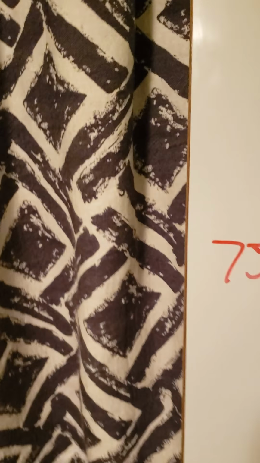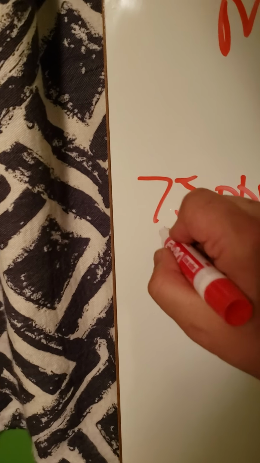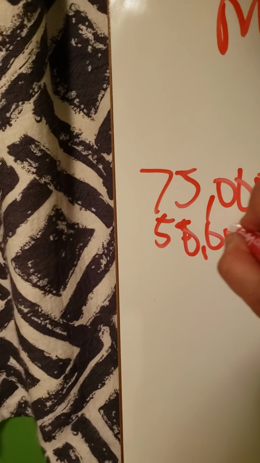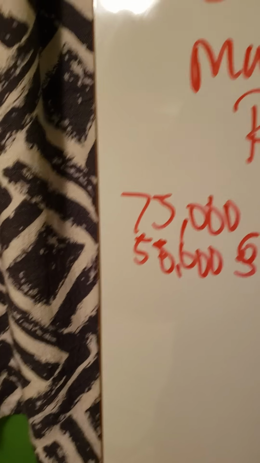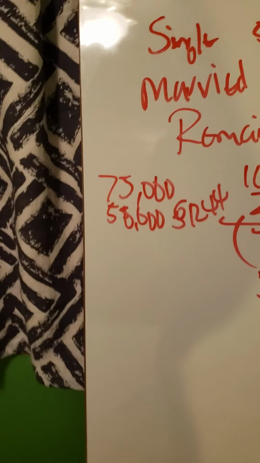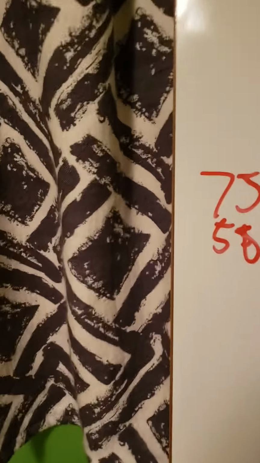So I started off with a $75,000 loss. I took $50,000 as a Section 1244 stock loss, and a $3,000 capital loss in the year of sale, giving me a carryover of $22,000.